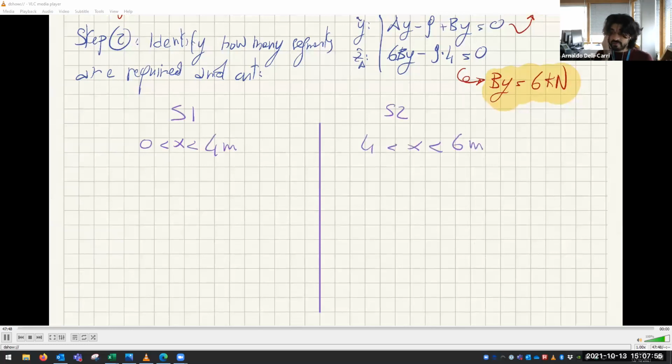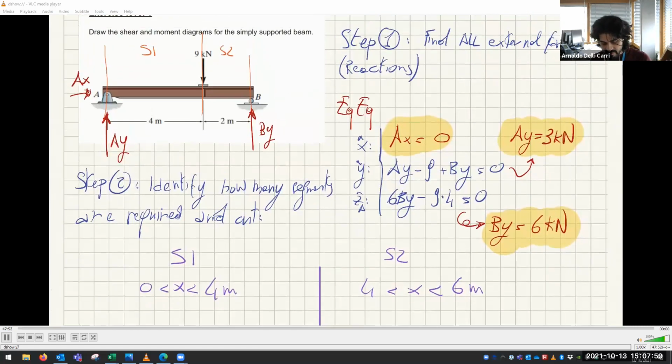There you go. That's how it looks. And so if I want to cut in segment 1 between 0 and 4, let's say I cut here. If I cut here, I can look left or I can look right. So where do you think I would look? What's easier? In this case, since on the left we only have one force, AX is 0, AY is 3, I'd say I'll look left.